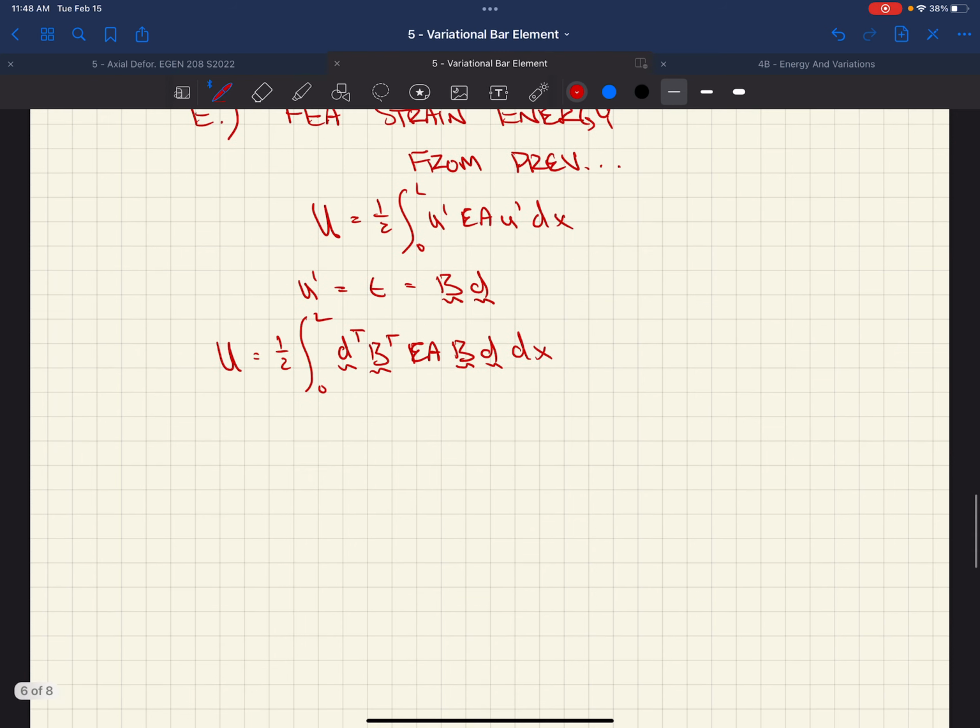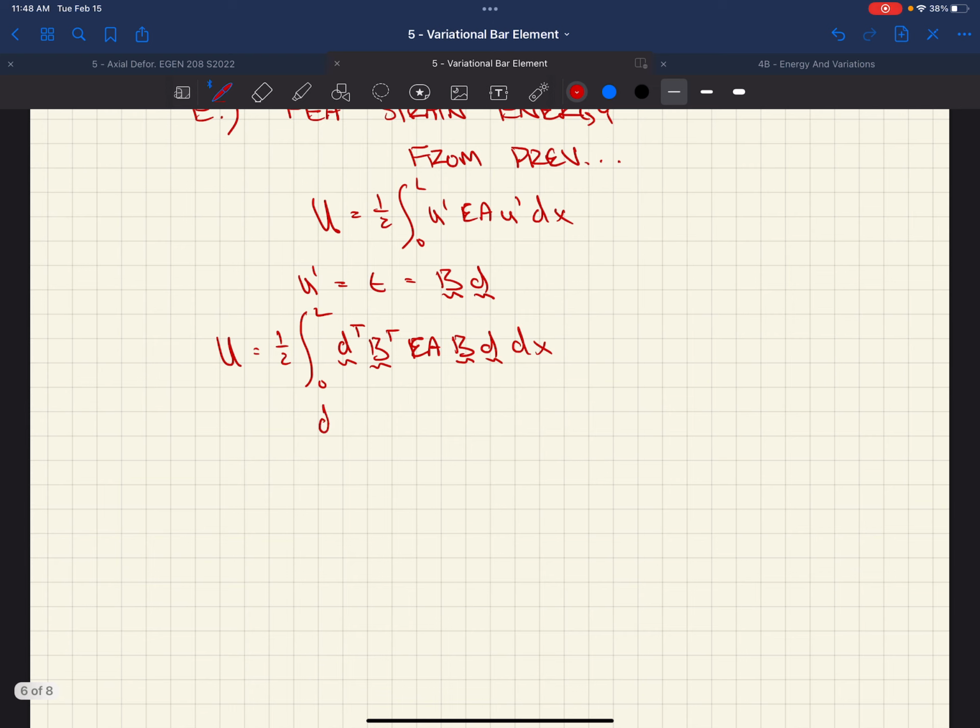Right? Well, our D is not a function of x. D is our known nodal values, u1 and u2. So we can pull D's out. And I'm going to just pull that to the front and that to the back.